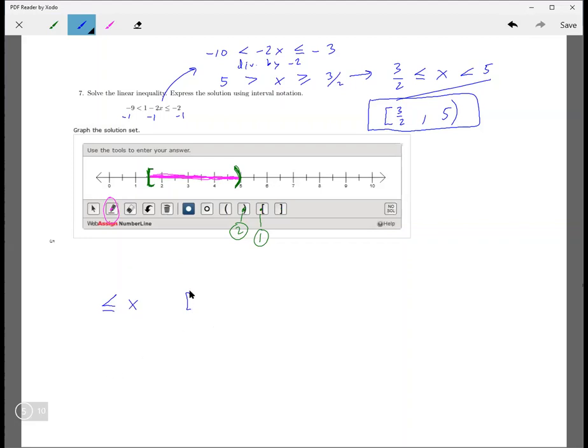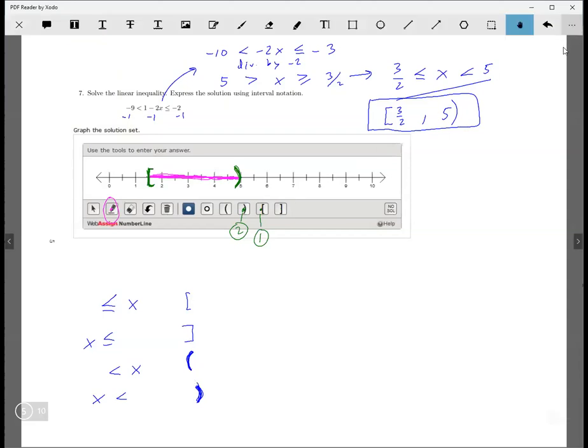If you have that one, then it's this bracket. If you have that one, it's going to be this bracket. If you have this one, then it's going to be the parentheses. And if you have this one, then it's going to be this one, in the appropriate place. Okay, perfect. Thank you. Sure, you're welcome.